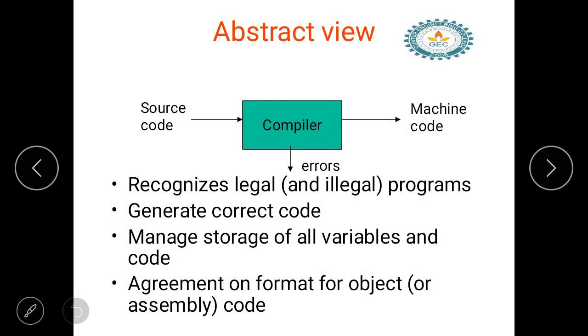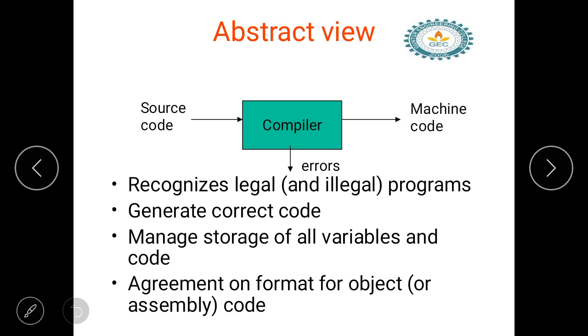So how do we convert high level languages into machine level language? The compiler has some phases, and each phase does some task. So the source program is the input, and the machine code is the output.